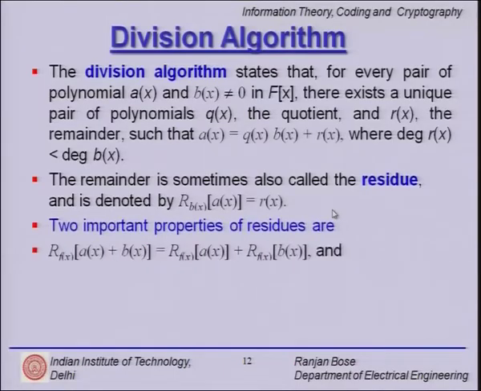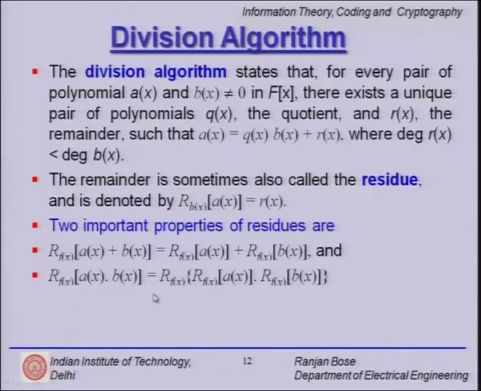Let us look at some important properties of residues. Since I can add two polynomials, the residue of a(x) plus b(x) with respect to f(x) is nothing but the residue of a(x) when divided by f(x) plus the residue of b(x) when divided by f(x). This is nice, it can help us prove some of the theorems that we will encounter in the future.